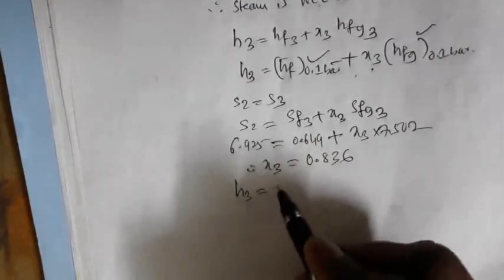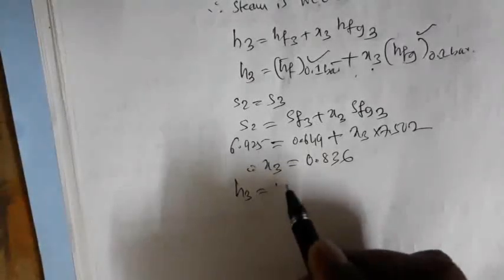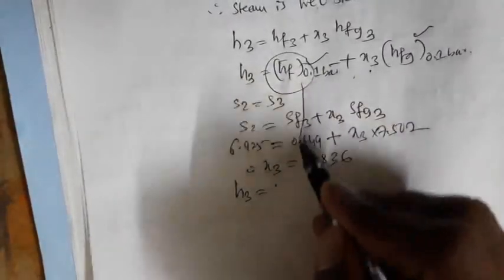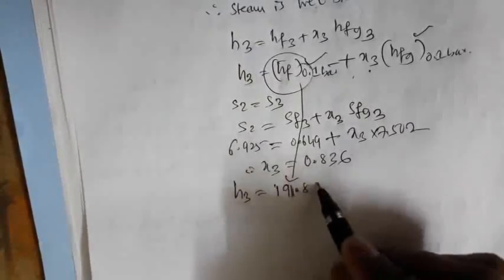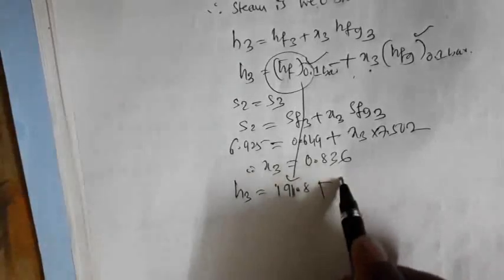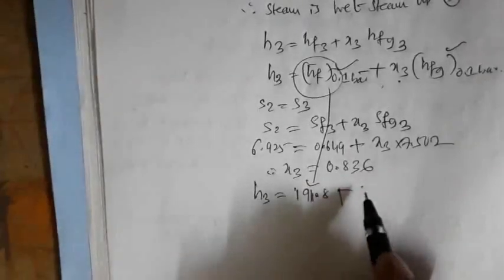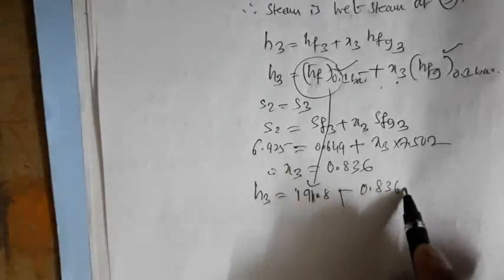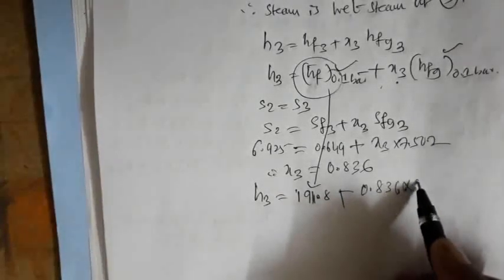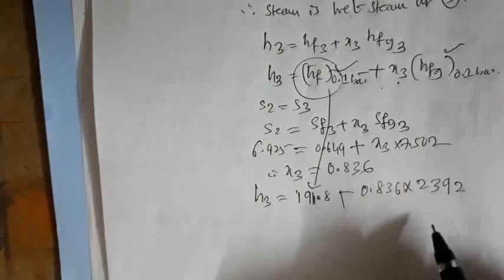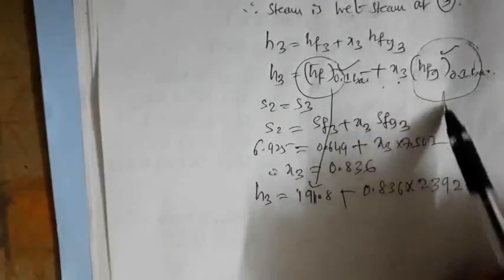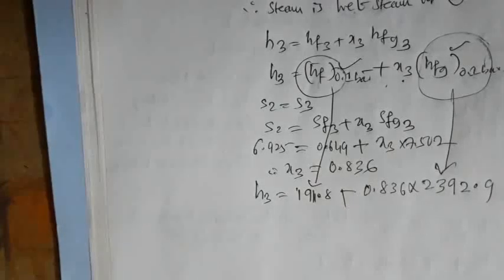H3 is HF at 0.1 bar, which I substitute as 191.8, plus X3, which we have obtained as 0.836, into 2392.9, that is HFG at 0.1 bar.